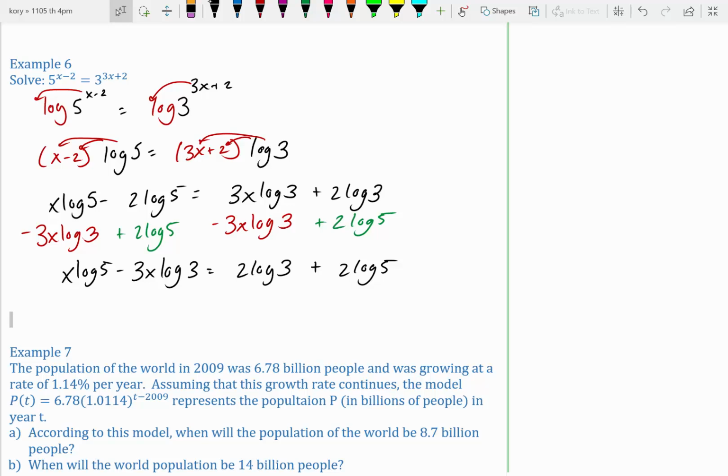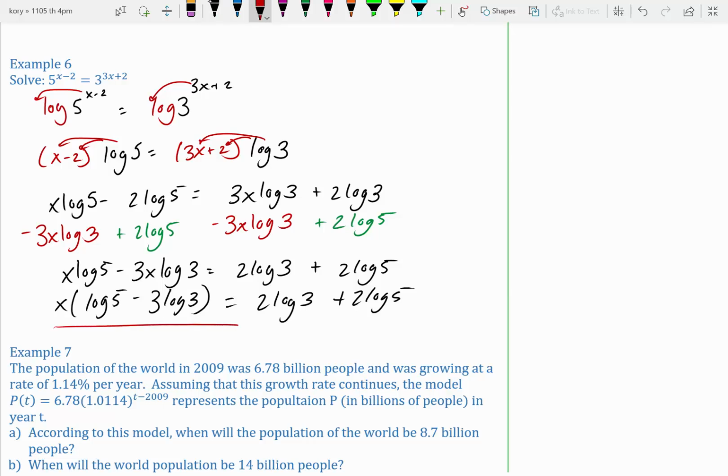So you notice, same exact thing, just different numbers. What do we do with the x? Factor. Then we'll divide. Yep. So we have x times log 5 minus 3 log 3 equals 2 log 3 plus 2 log 5. Now we divide to get x by itself.